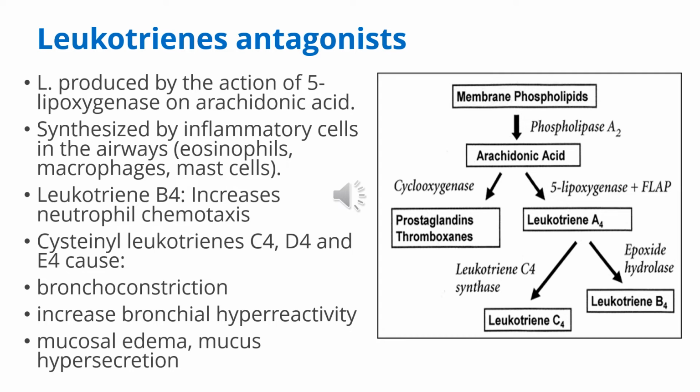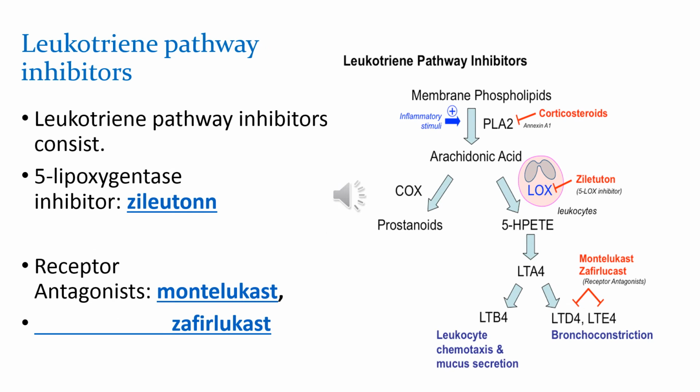Cysteinyl leukotrienes C4, D4 and E4 cause bronchoconstriction, increased bronchial hyperreactivity, mucous edema, mucus hypersecretion. Leukotriene pathway inhibitors consist of a 5-lipoxygenase inhibitor, zileuton, and receptor antagonists, zafirlukast and montelukast.